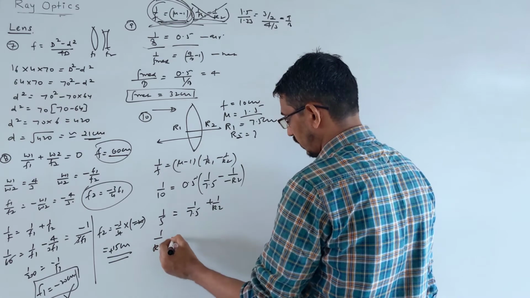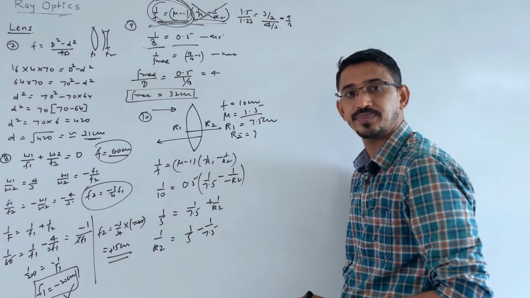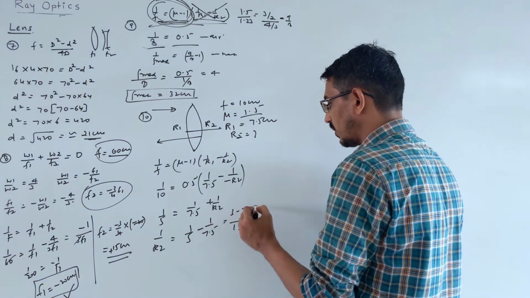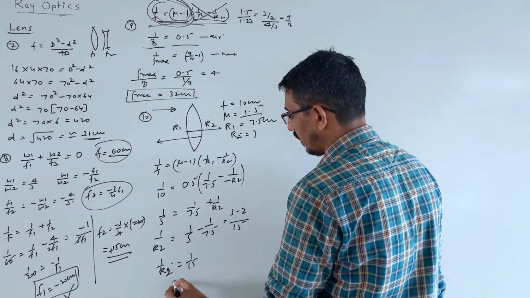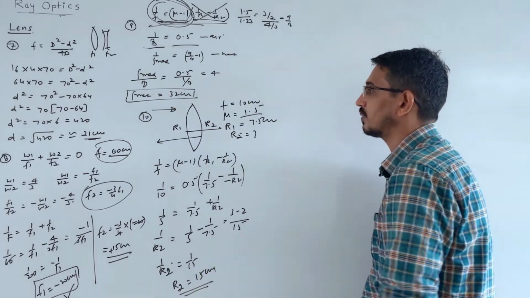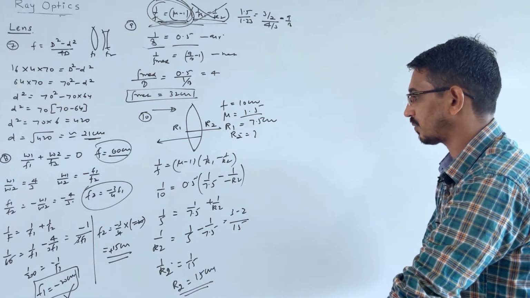So 1 by R2 should be equal to 1 by 5 minus 1 by 7.5. If you take LCM 15, this goes 3 times, this goes 2 times. So 1 by R2 you are getting is 1 by 15, or R2 is 15 centimeter. Clear? So this is your radius of curvature.